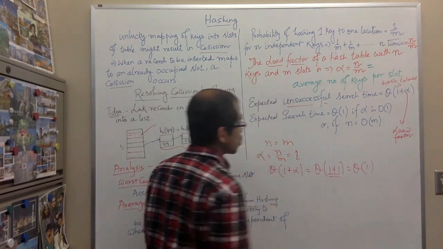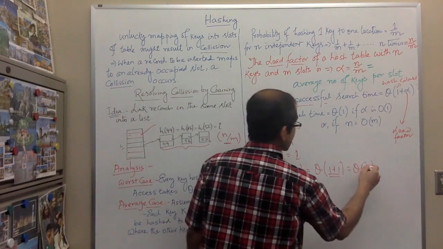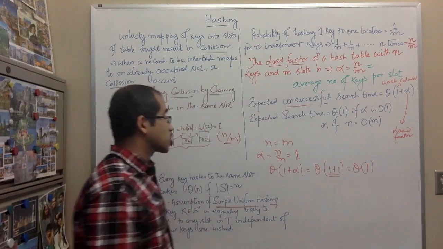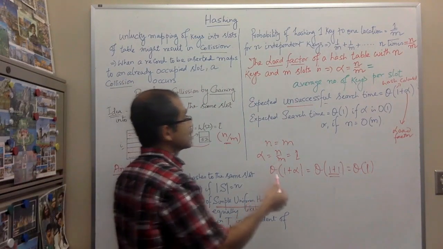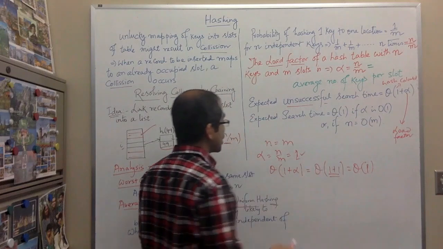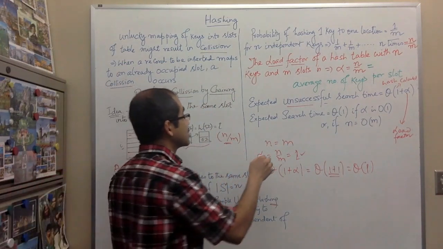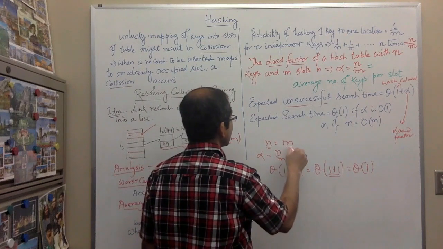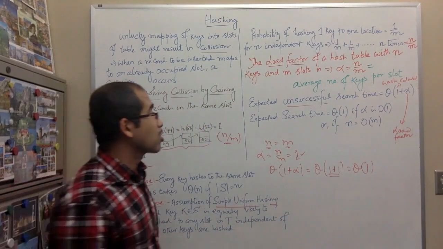As you know, it's asymptotic analysis, not a simple addition. So this means it will take constant time to go to the location and then find the element in the linked list, if the linked list size is 1 or comparable to 1, when the number of keys is equal to the number of slots in the table. That means every element can go to one slot.